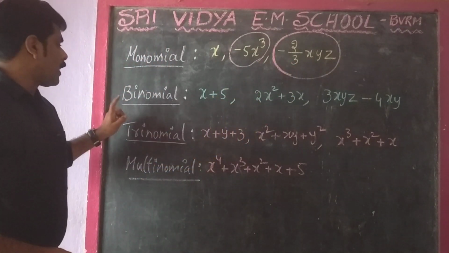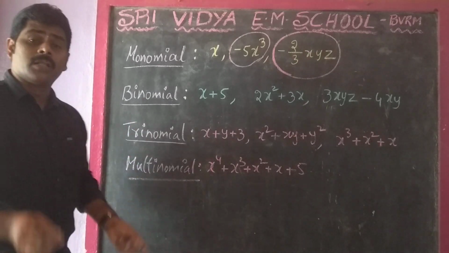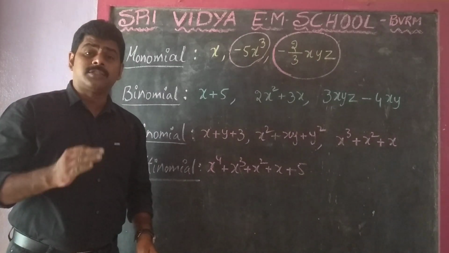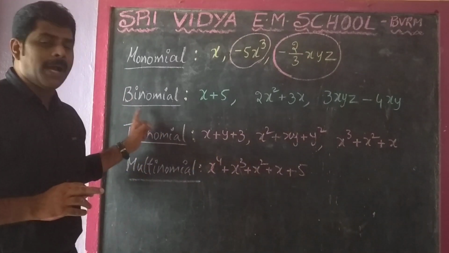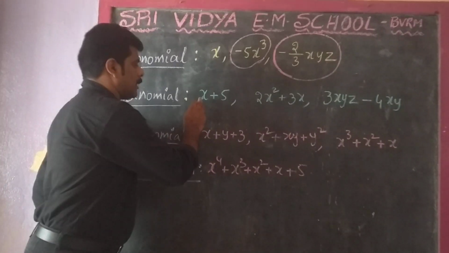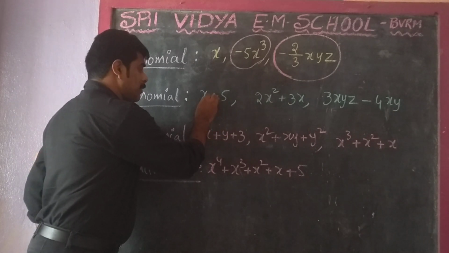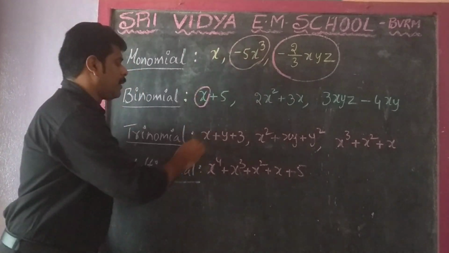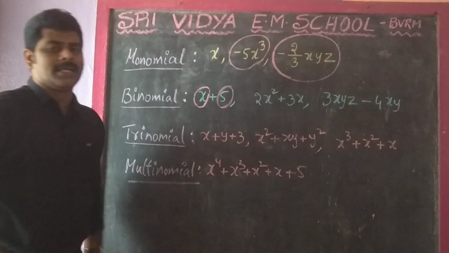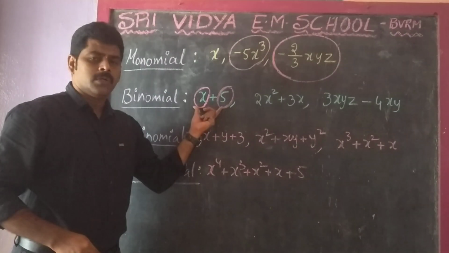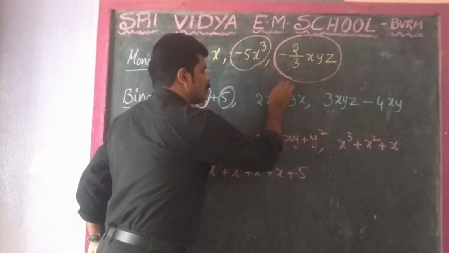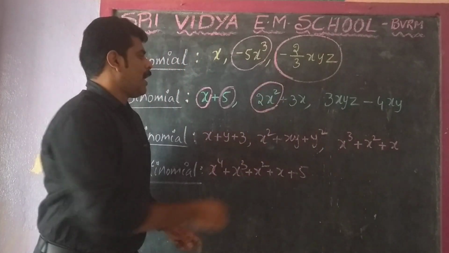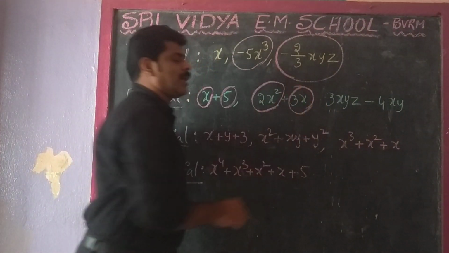Okay. After that, binomial. An algebraic expression that contains two terms is known as a binomial. Look at the example. x plus 5. Here x is a term and 5 is another term. So two terms, so it is a binomial. And here, 2x square is a term and 3x is another term.